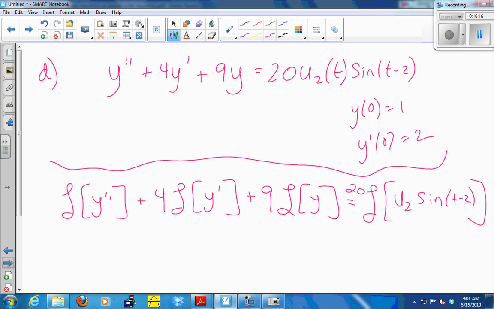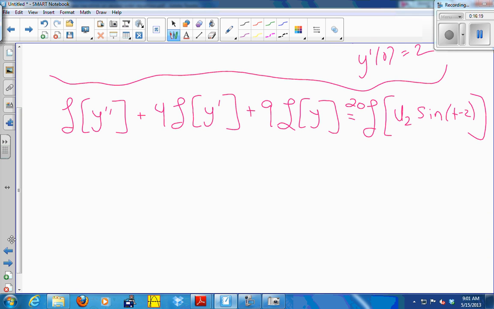Okay, so now I'm going to need to take this Laplace, do that in a minute. I also need to simplify all these, the Laplace of derivatives, because I have formulas for that. So the Laplace of a derivative is s times the Laplace of the antiderivative minus the antiderivative at 0.